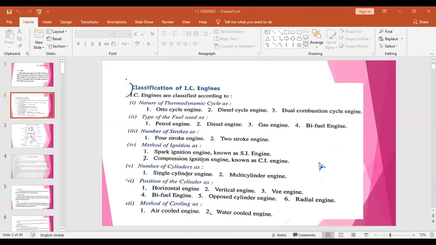In case of diesel engine, it is compression ignition. Next, come to the point, number of cylinders. Say in two-wheelers, many of you have seen the single cylinder. In a car, you might have seen 3 or 4 cylinders, or more than 4 cylinders.